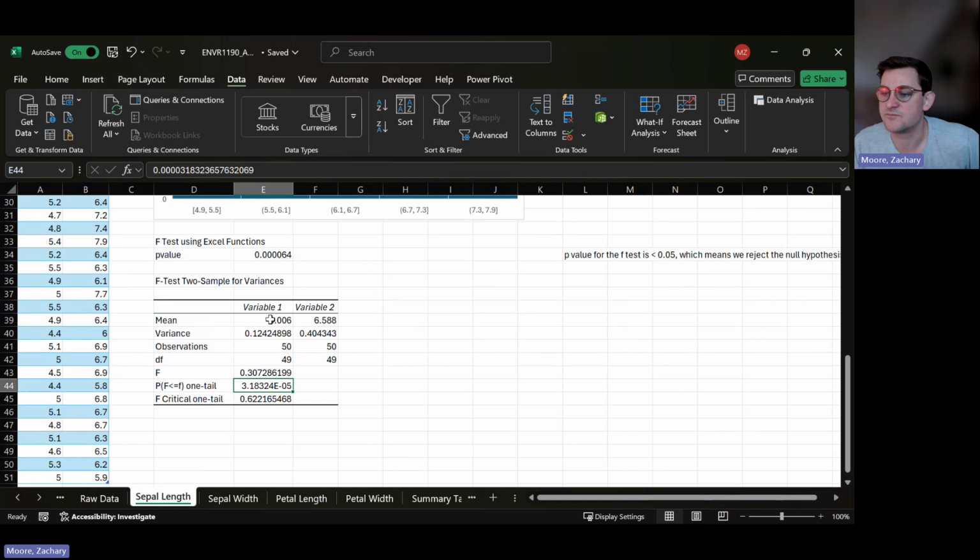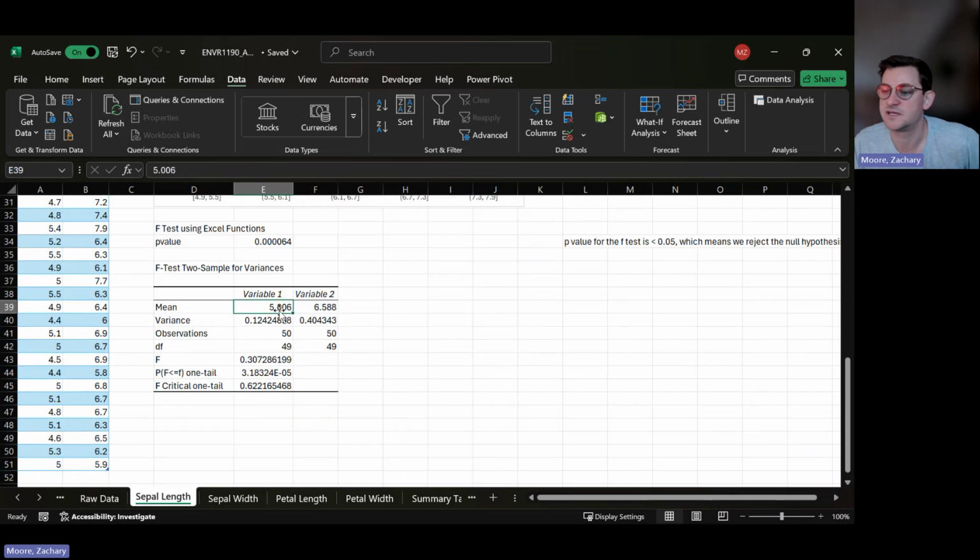And so here we can see that our mean of setosa is 5. Our mean of virginica is 6.5, and these are the variances that we have for both of those measures. They have 50 observations each, and the degrees of freedom, which is the statistical jargon for how many samples we have, is usually the number of observations minus 1, so we have 49 degrees of freedom.